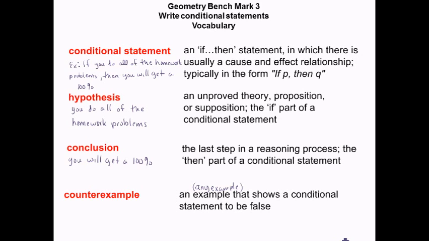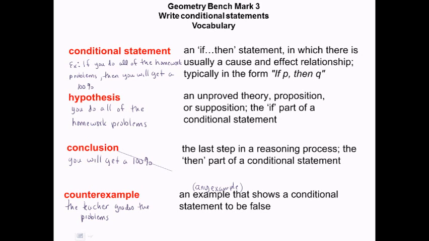The counterexample I could come up with, this one is the teacher grades for right or wrong. Okay. So now in this class, if you do the homework, I'm grading on completeness, right? So as long as the homework is complete, you'll get all of the points.